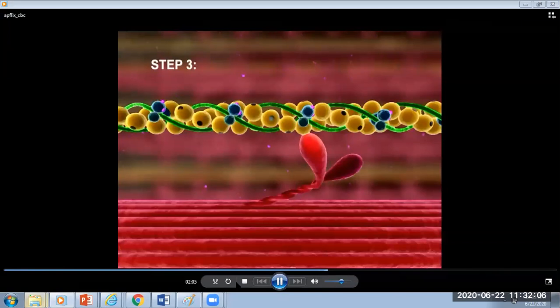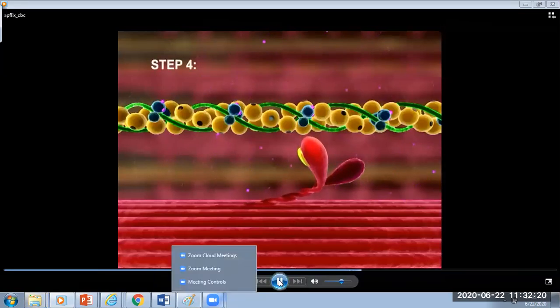Step 3, cross-bridge detachment. When another ATP binds to the myosin head, the link between the myosin head and actin weakens, and the myosin head detaches. Step 4. Notice that they're no longer connected.